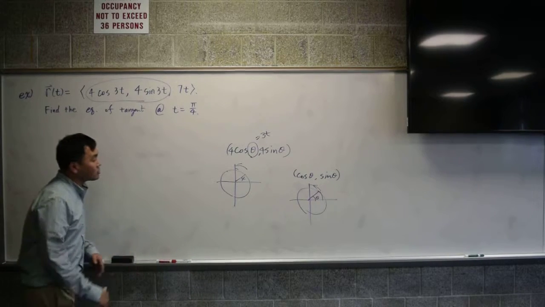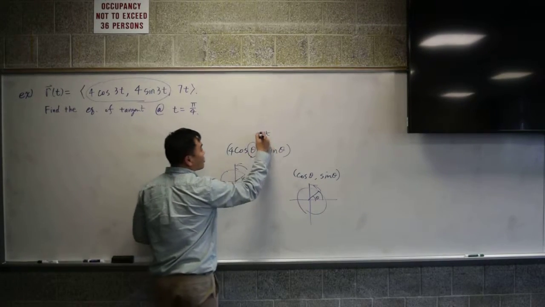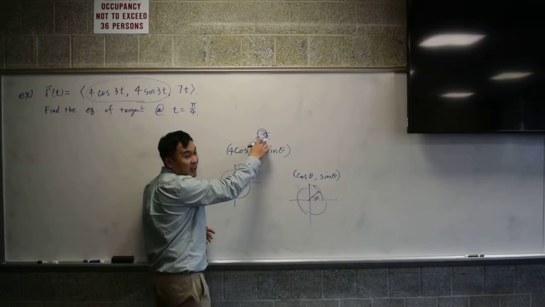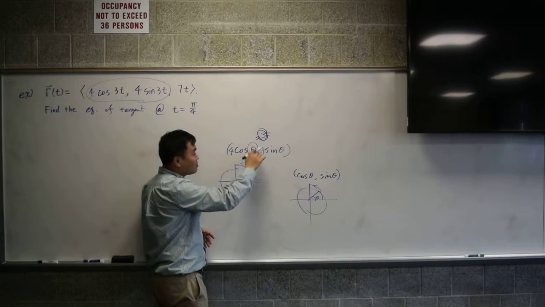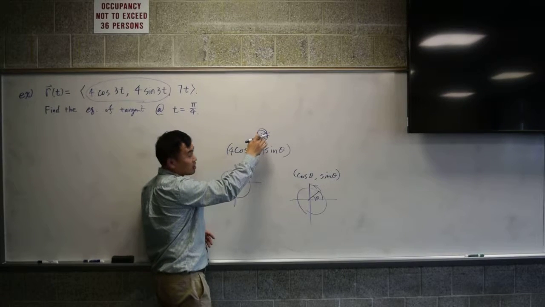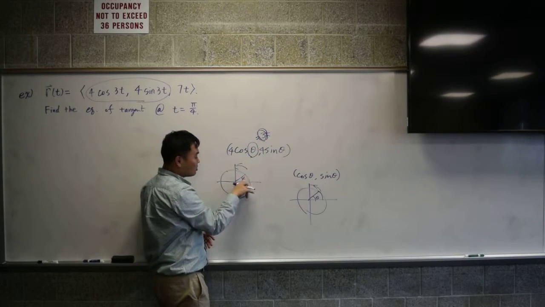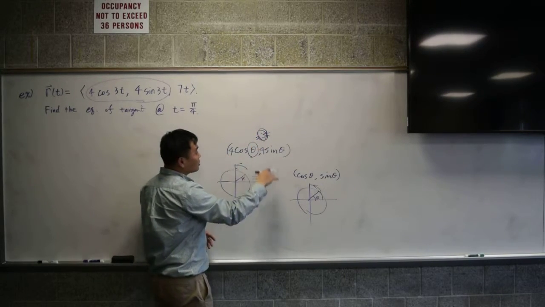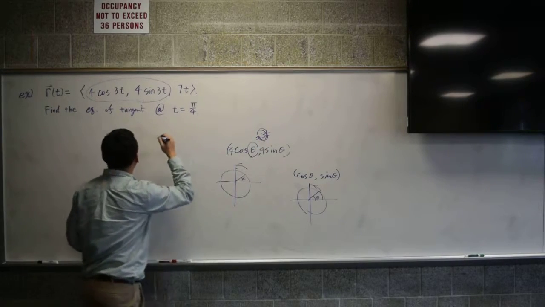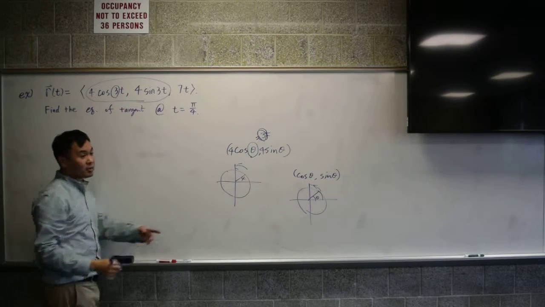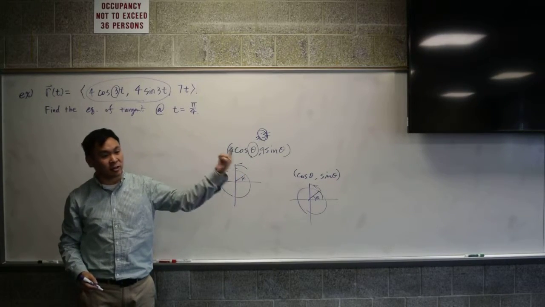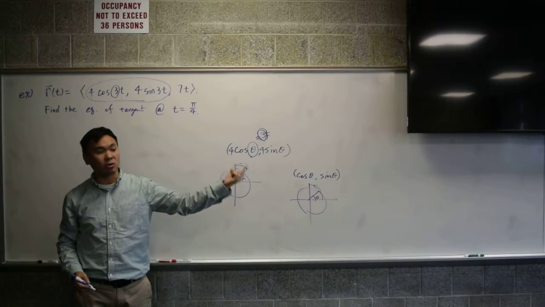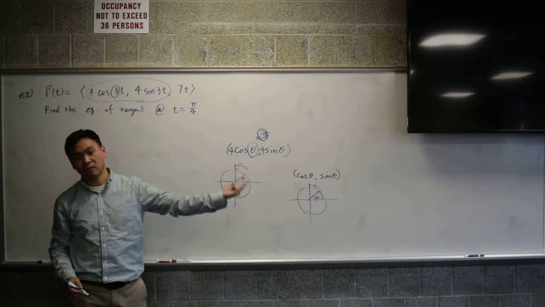So this number 3, if that's bigger, say 10, that will make the theta increase even faster, right? If this is smaller, say like 0.5, it will be increasing slower, right? So this number has to do with how fast the angle is changing, and later on you'll learn that's what we call the angular speed.